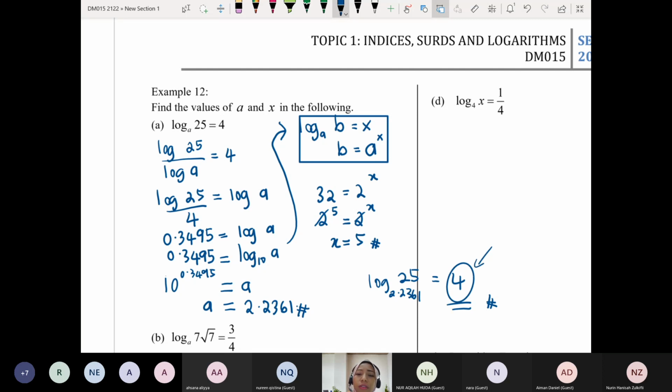Log 25 base 2.2361, ataupun you nak buat log 25 bahagi dengan log 2.2361. Mesti dapat 4. Dapat ke? Yes. Okay, dapat. So, these are the one of the solution lah on how are you going to get the values of A.